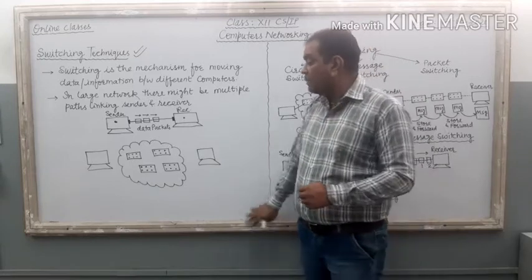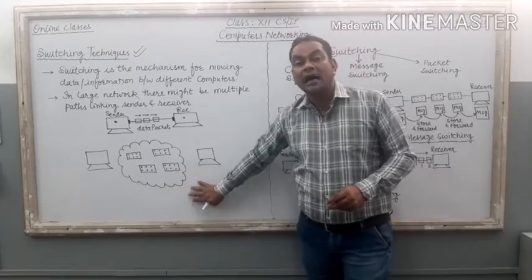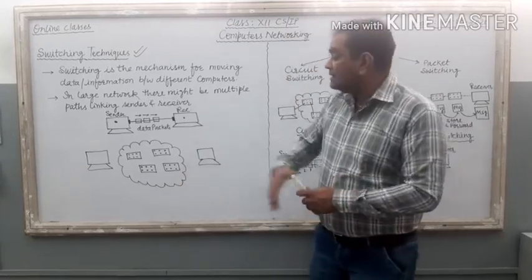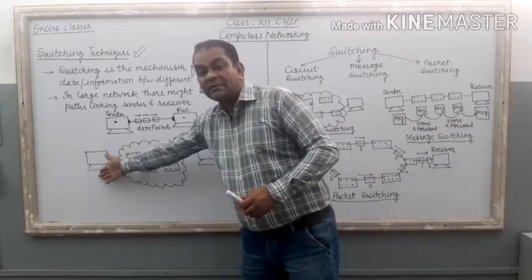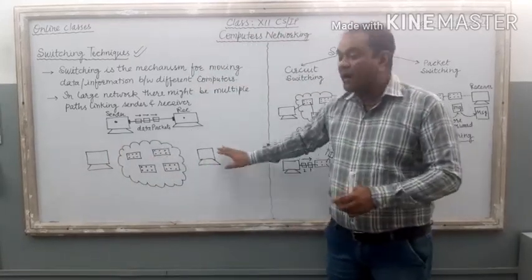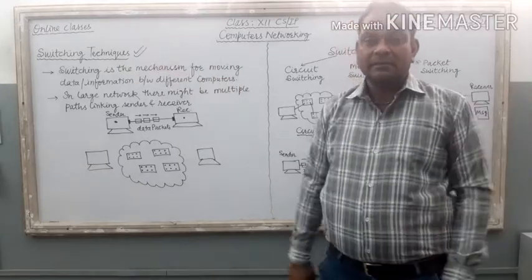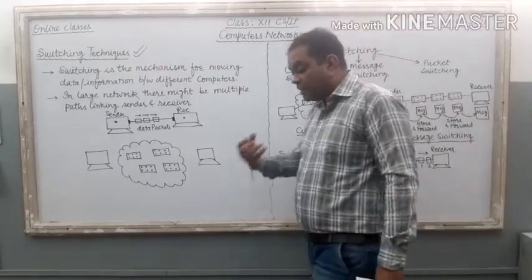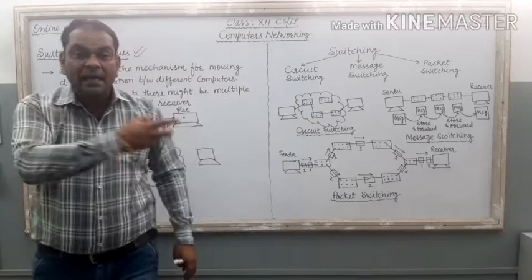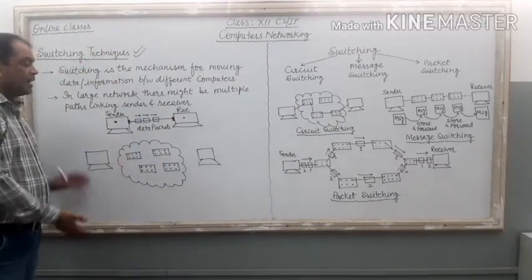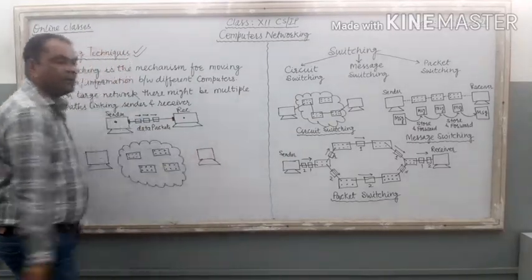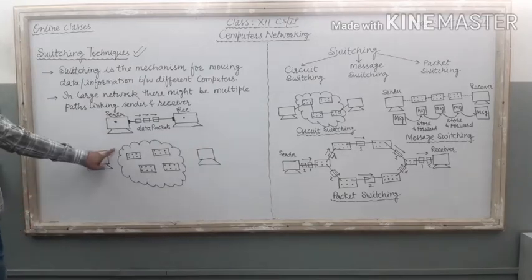Now, if we talk about a big or large network where these two computers, sender and receiver, are connected in remote places, what particular technique is applicable to transfer a file or data between these two remote location computers? Just see the diagram.